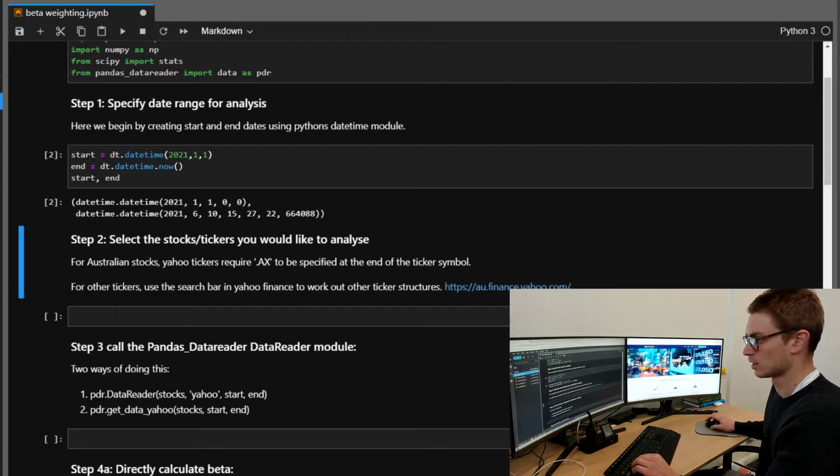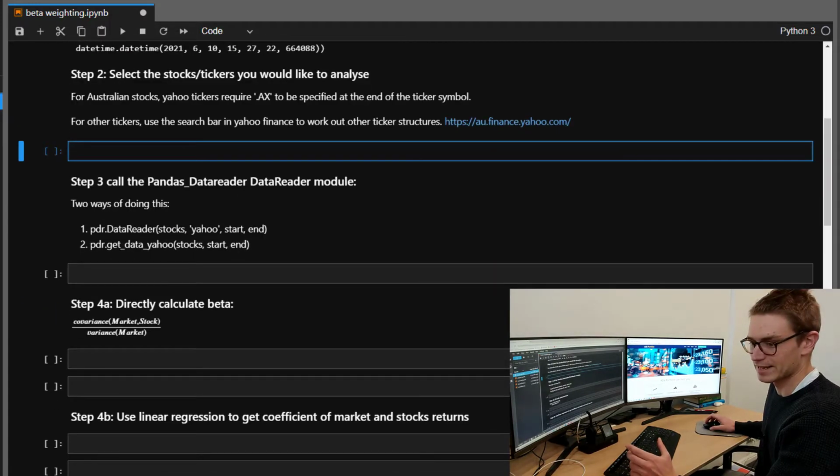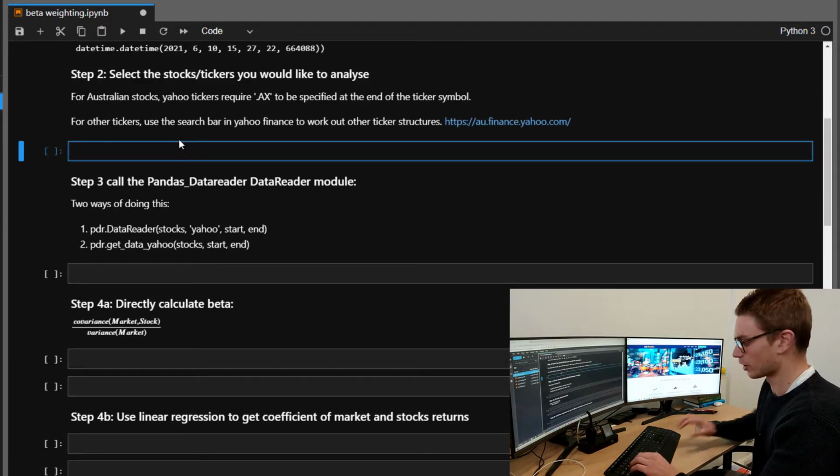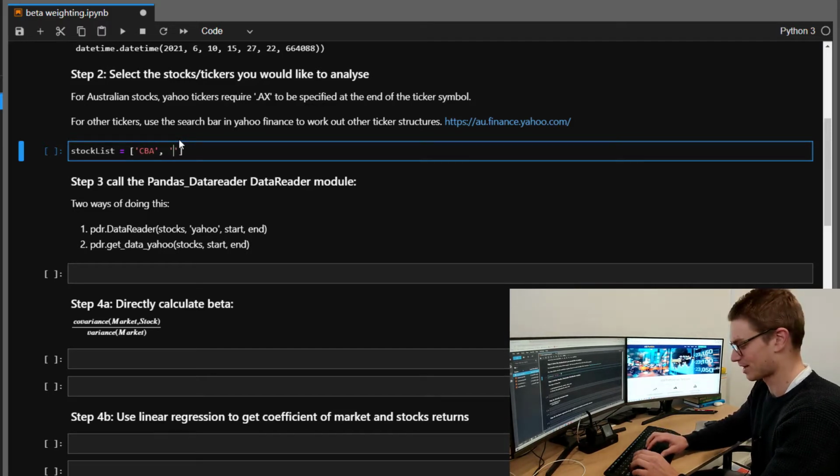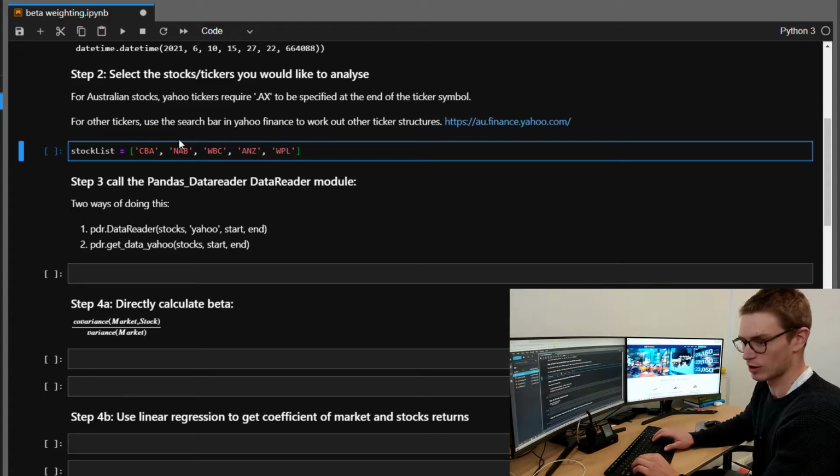Awesome. So let's select the stock information that we want over that time horizon. So let's come up with a stock list. So in my portfolio today, always have the major banks. So we'll have CBA here in Australia, NAB, Westpac, ANZ, and we'll throw in another one there, WPL, so an oil stock.